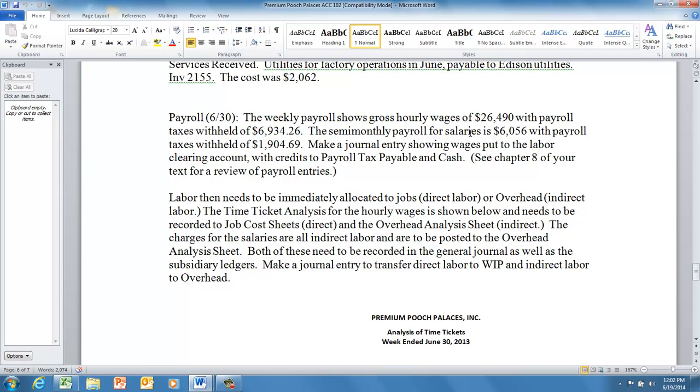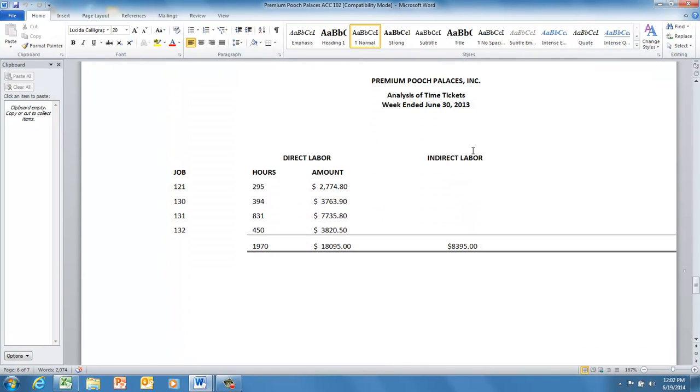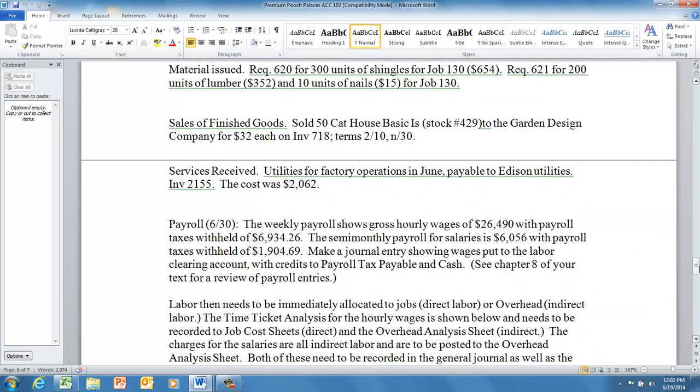We are also given an analysis of time tickets, TTA, time ticket analysis, for the week ending June 30th. That shows us the direct labor and the indirect labor that went with this $26,490 of the weekly hourly wages.